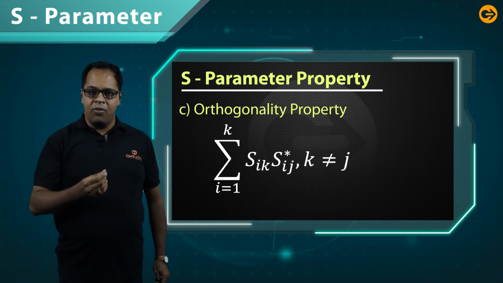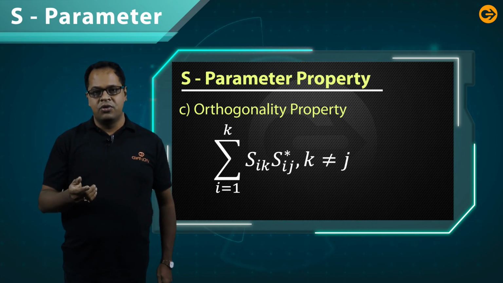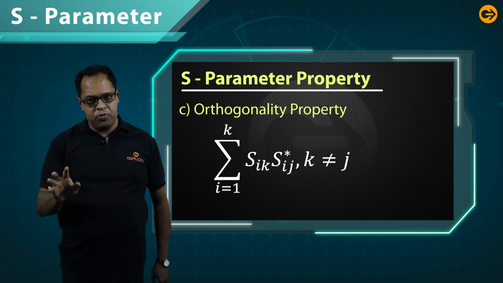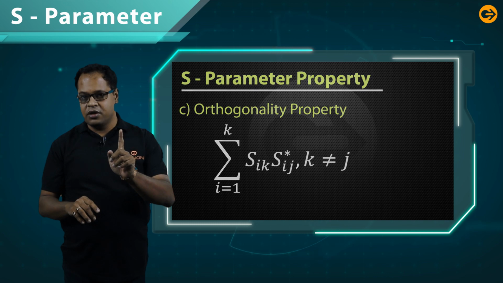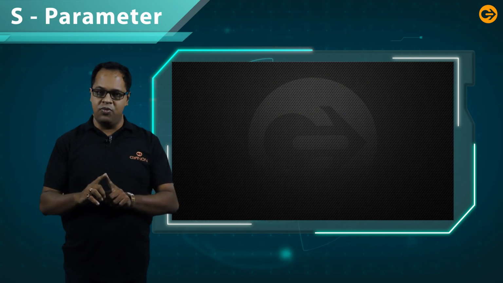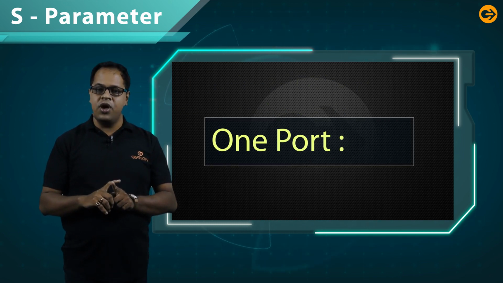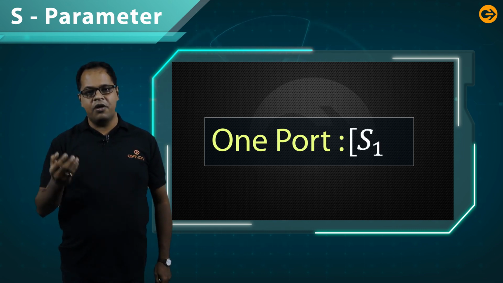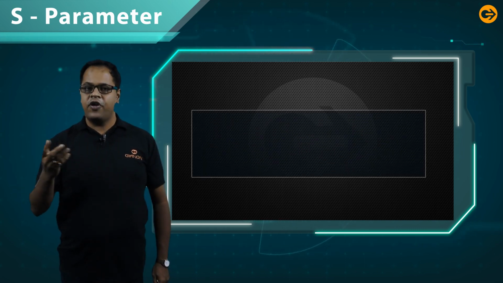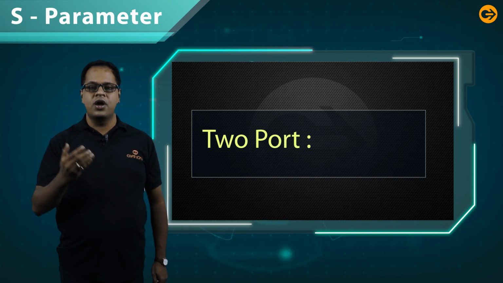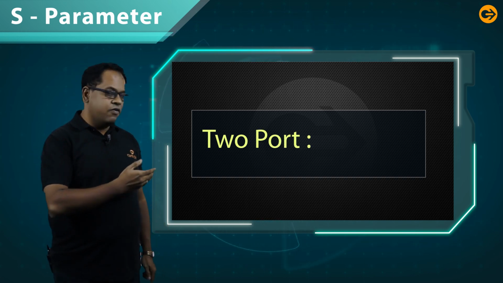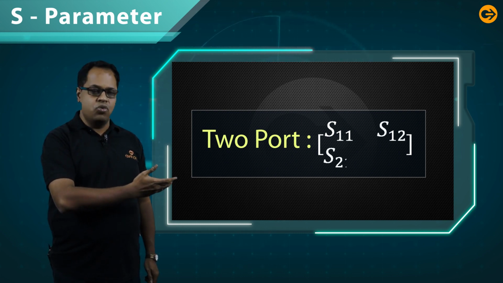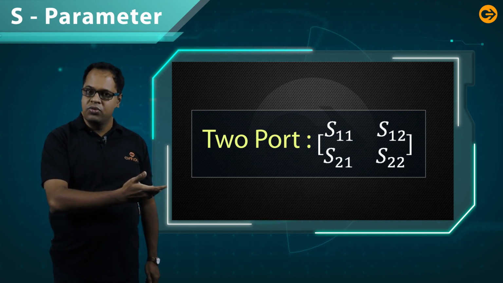Now I ask you a question, what is the S parameter for a 1 port, for a 2 port and for a 3 port network? Let us discuss them one by one. In 1 port, you have only a single port, so the S parameter will be S11. For a 2 port, you have one input, another is output, so obviously it is S11, S12, S21 and S22.